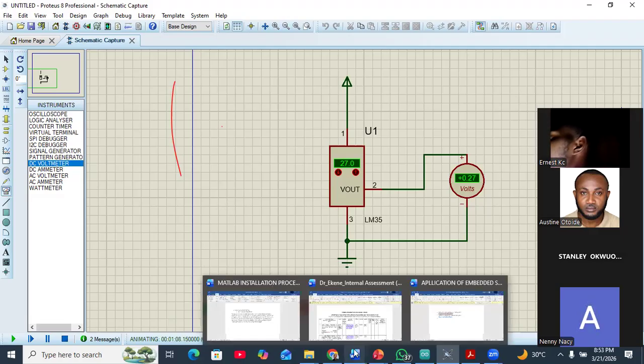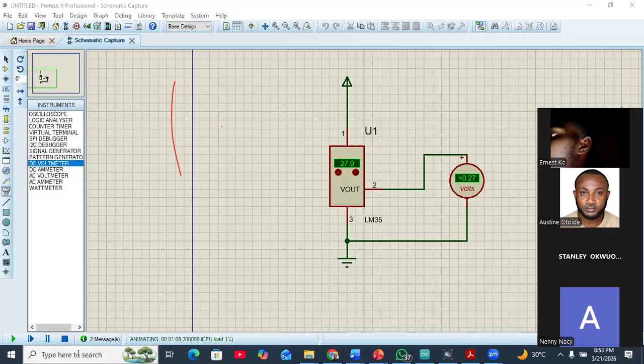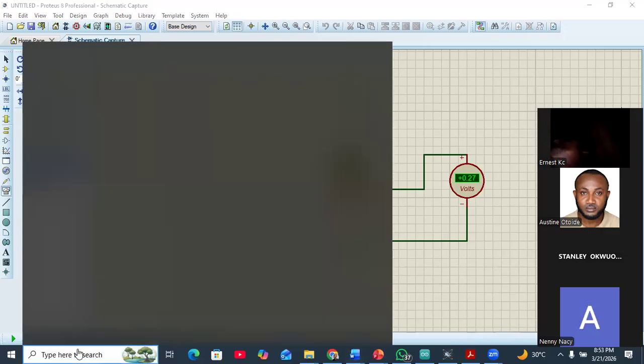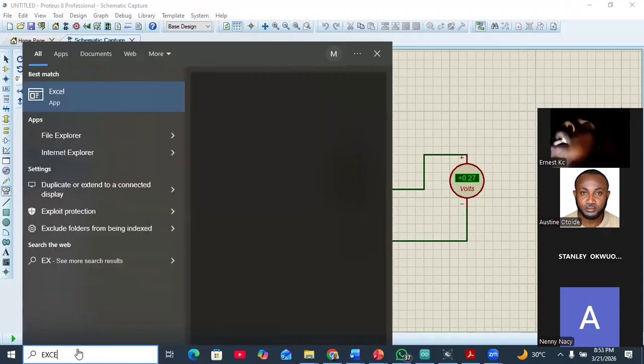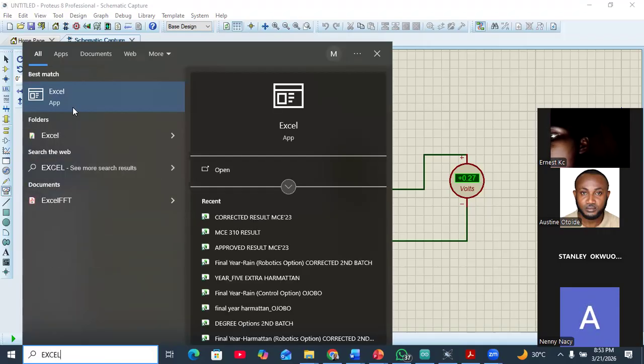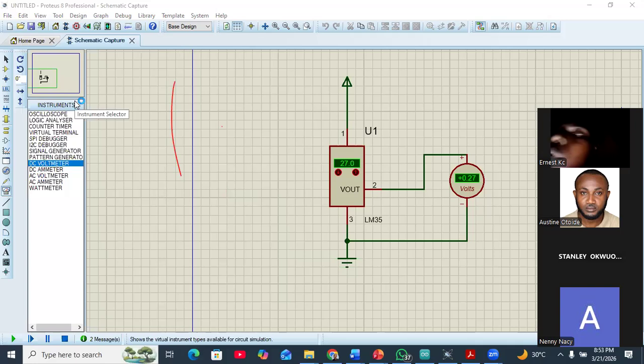So I open an Excel sheet. One of the things I want you to learn from me is to be very good at what you are doing.